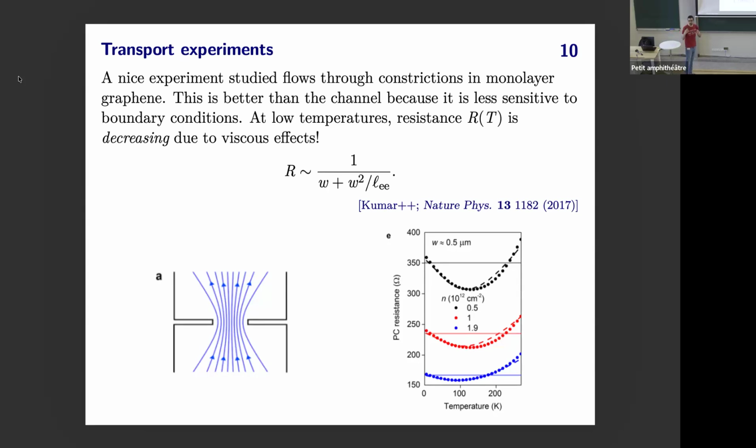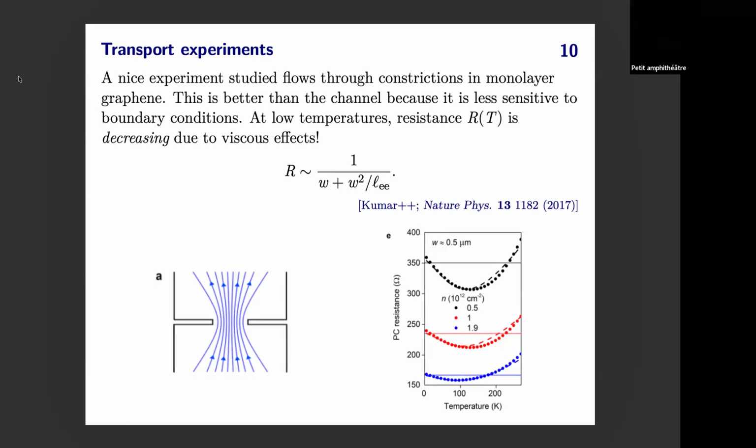It's morally similar, but I think easier in practice for this reason of boundary conditions that I mentioned. If you look at the resistance of this device, depending on the constriction width, as a function of temperature, you see this non-monotonic temperature dependence where the resistance first goes down and then goes back up.